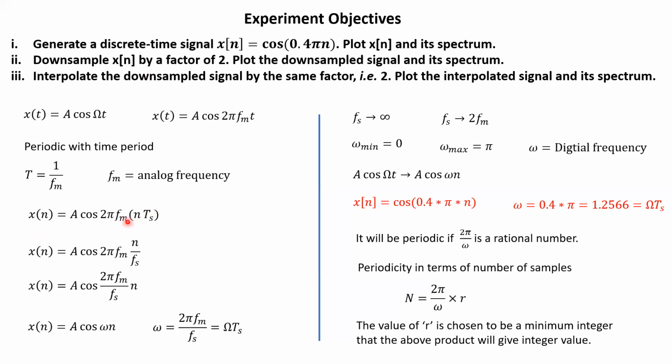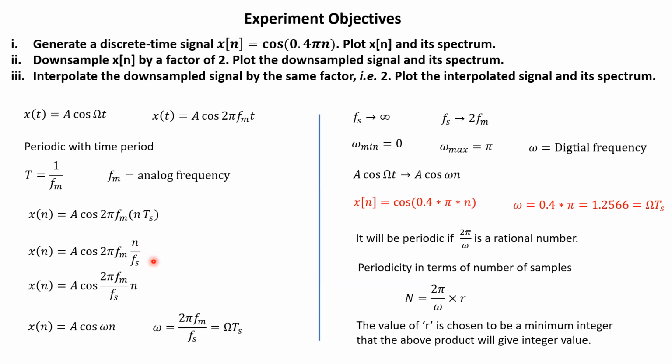Obviously this sampling interval Ts will be related with the sampling frequency, and Ts is equal to 1 upon Fs. So I have just replaced Ts by 1 upon Fs, and this way we see the expression x[n] equals A cos 2 pi fm multiplied with n upon Fs.